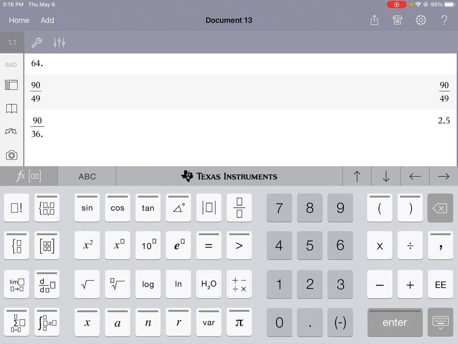Again, another decimal. 90 divided by 25. Again, another decimal. It doesn't work. 90 divided by 16. Again, we get another decimal, so it doesn't work. And 90 divided by 9. Winner, winner, chicken dinner.